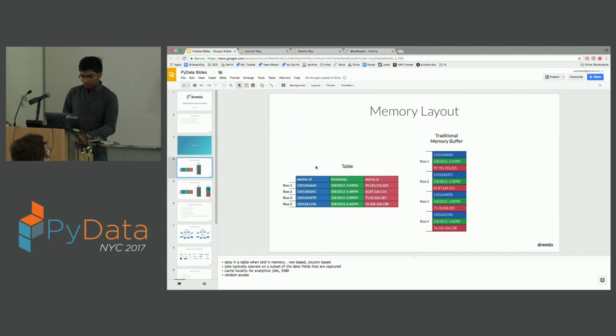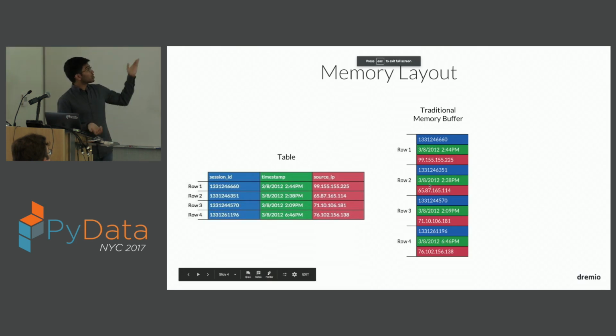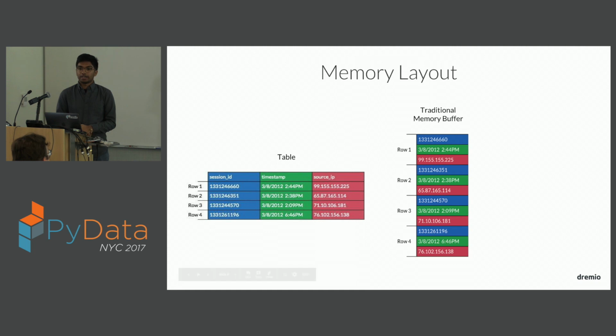So let's first talk about how the layout is. You can imagine a table with 3 columns, and if you laid it out in memory, in RAM, for example, typically you would see them record after record, right? So you will see the first field of the first row and the second field of the first row, and so on. You would see that in order.